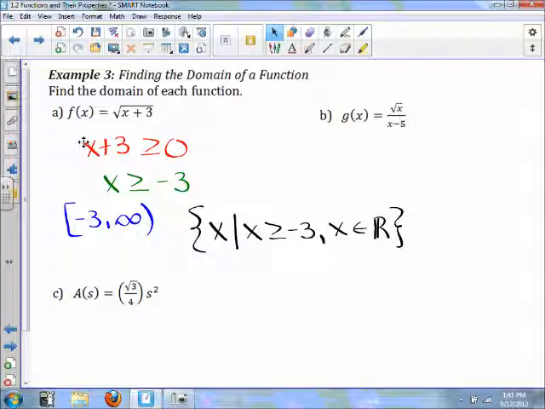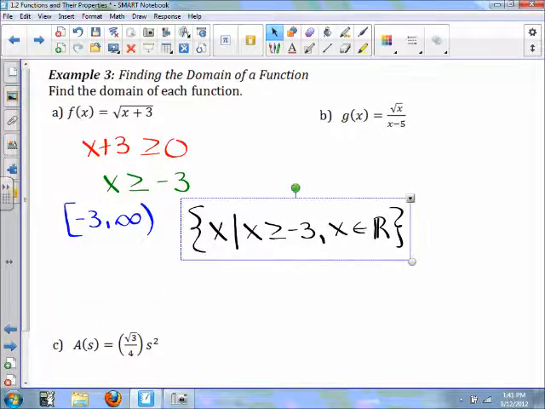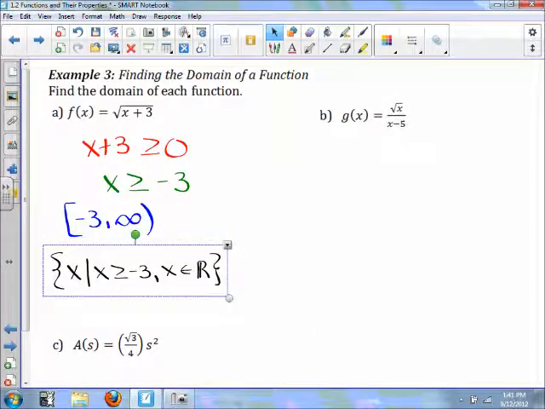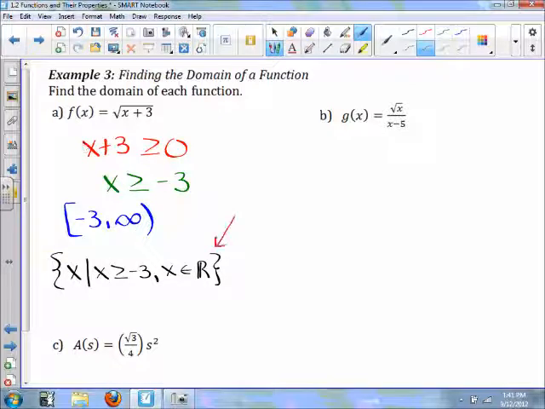You'll see this again and again and again once you get to higher level mathematics into calculus. This is known as set builder notation.